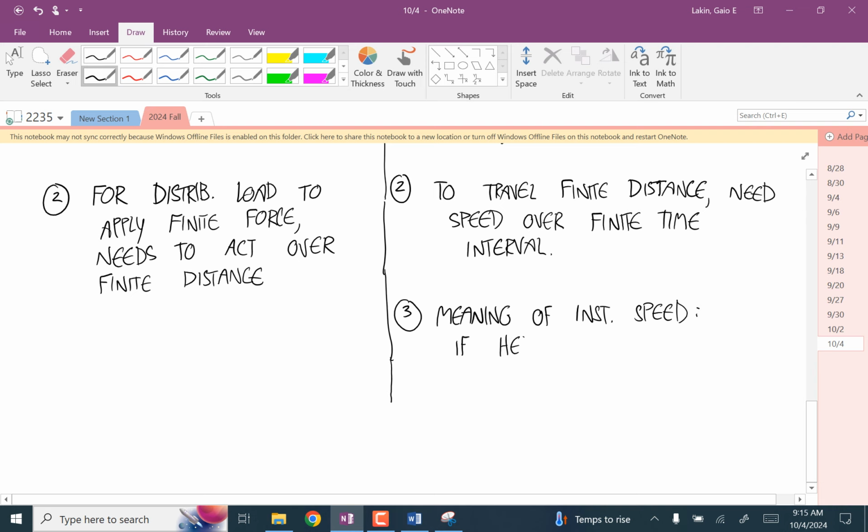If you held that speed for 1 unit of time, then that gives you the distance you would travel.